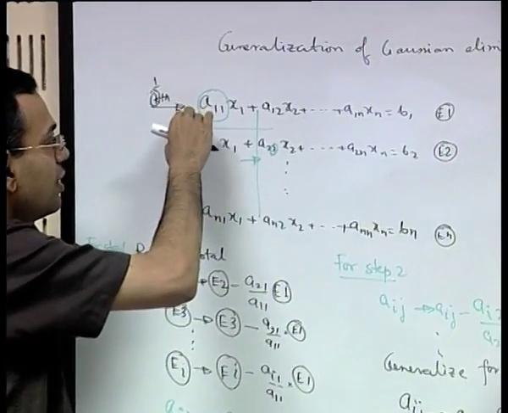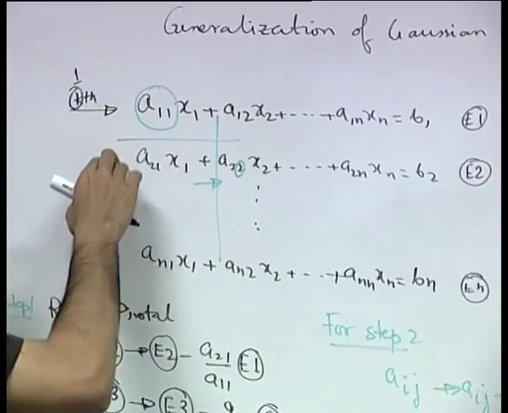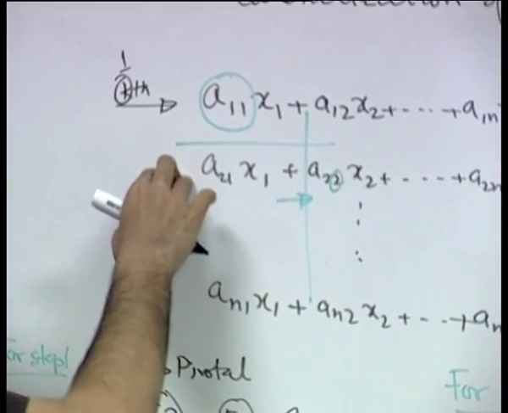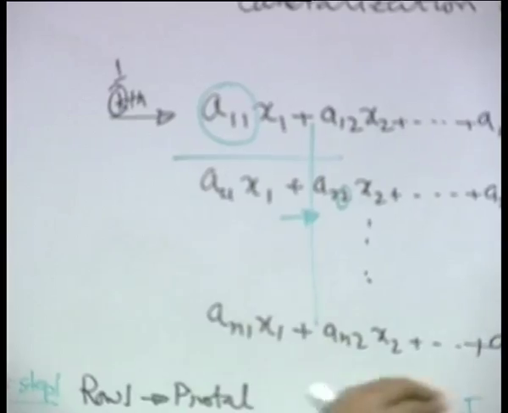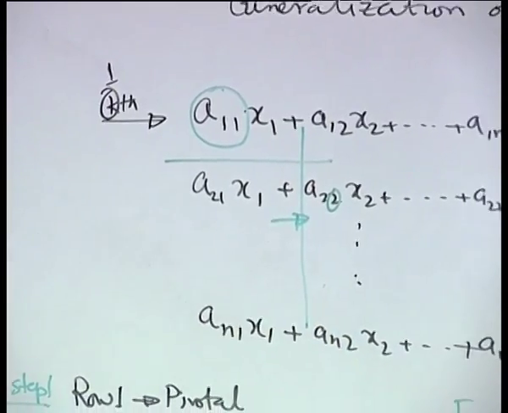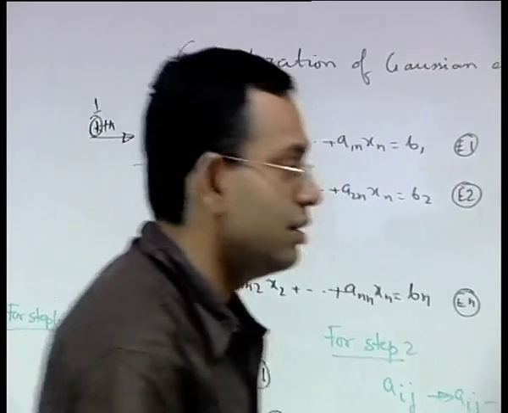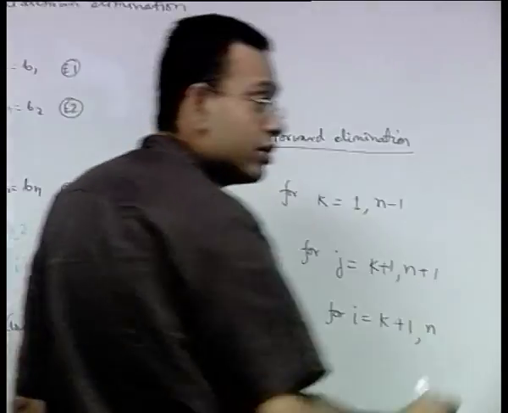So you are manipulating the rows below, starting from just below the kth row. So k plus 1 to not n plus 1, but n, there is no n plus 1 row.